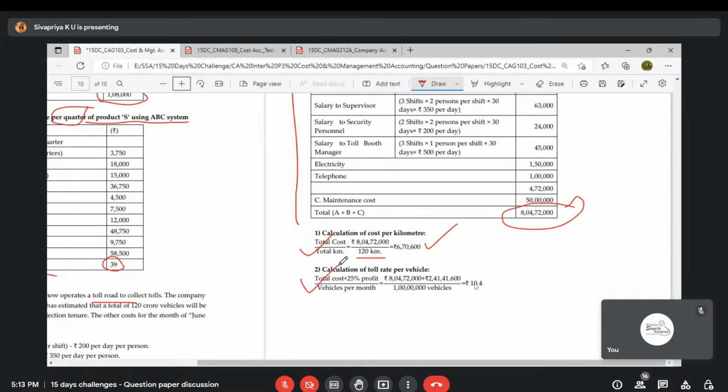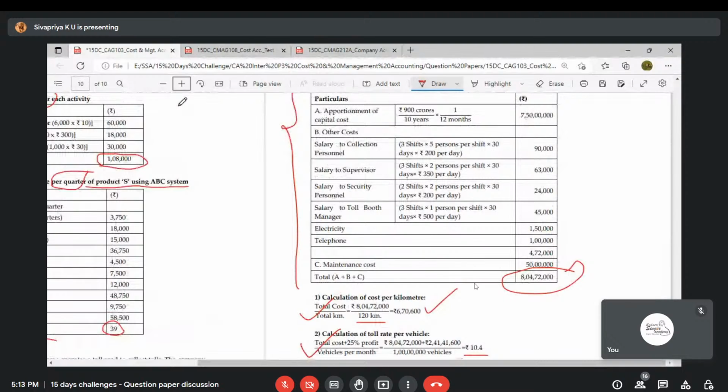And for calculation of toll, 25% profit is required. So cost plus 25% divided by vehicles per month, you will get 10.4 as the toll rate per vehicle. Okay, this is the solution for question number 9.